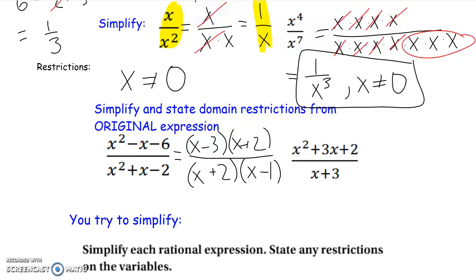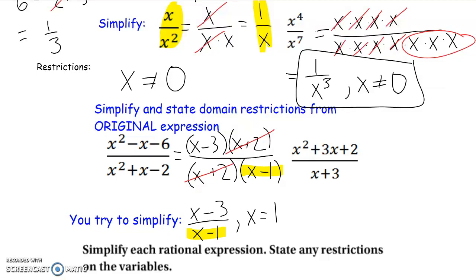Once we have it in factored form, we're ready to cancel factors. So x plus 2 appears in both numerator and denominator. So then our simplest form would be x minus 3 over x minus 1 with a restriction on the domain of 1 because plugging in 1 would cause a division by 0 error here.